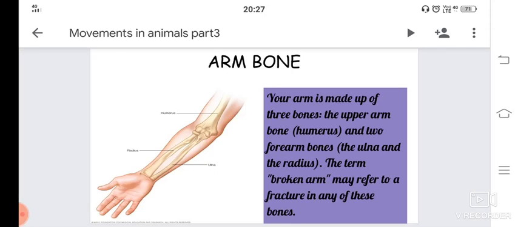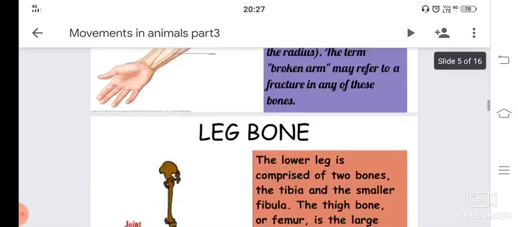The term broken arm may refer to a fracture in any of these bones. These bones also help in holding things and in the movement of our hands. Below the shoulder part we cannot move, so the arm bone is very important to do our work.